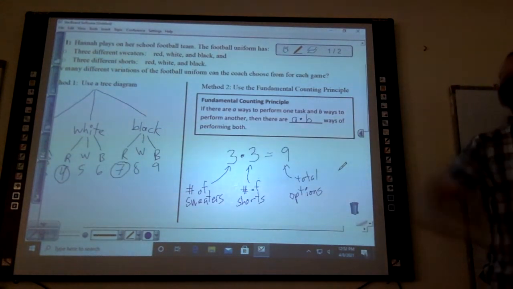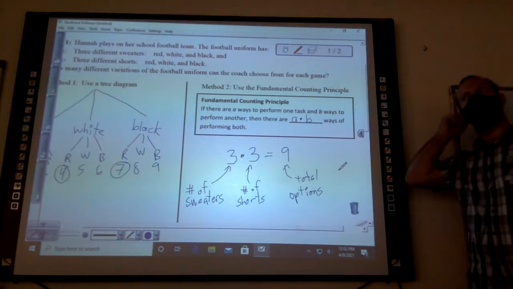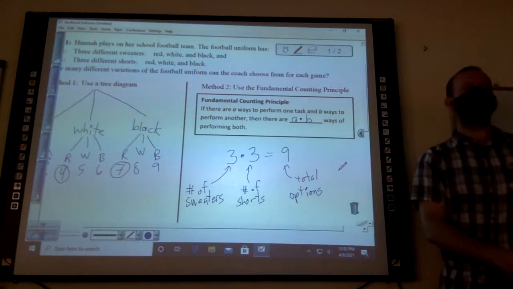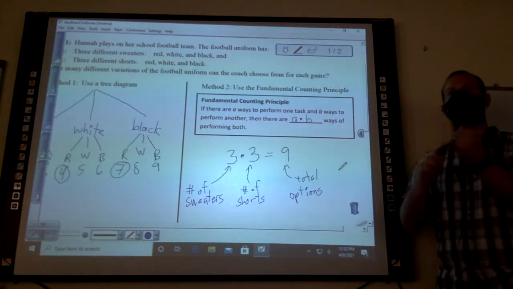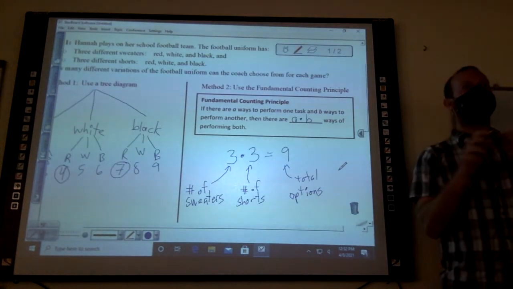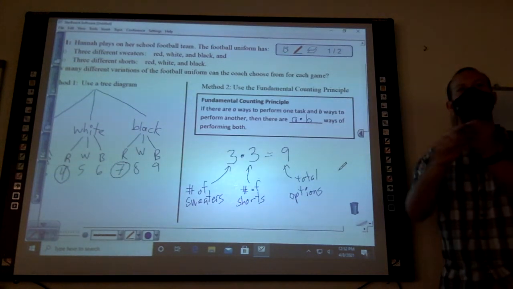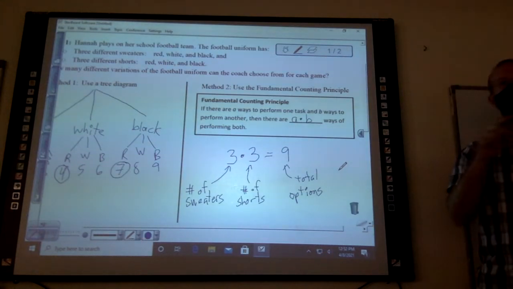So we can now take something that's really complicated. Suppose you went to your favorite restaurant. You can have a certain number of appetizers, a certain number of main courses, a certain number of desserts, and a whole range of drinks.